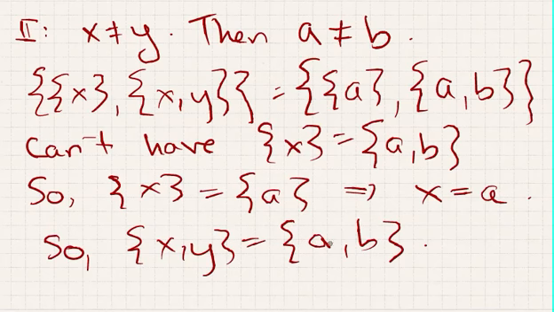But if it were equal to a, then we'd have that x is equal to y. But we've assumed that's not true, so instead y has to be equal to b. But that's exactly what we wanted, so we're done.